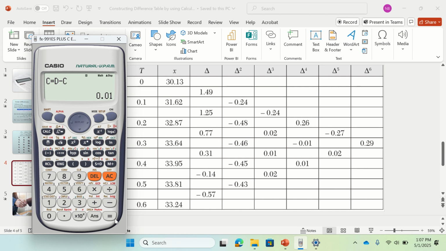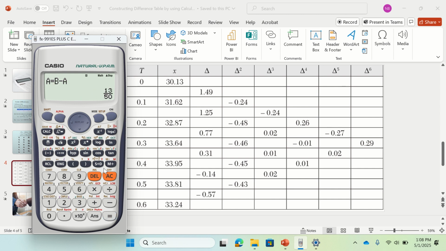The next value will be 0.02. And you press again, you will get the value of E as well, but you don't need to take that value. You don't need to take the value of F. And then you will go back and ask about B, A, C, D, and so on.